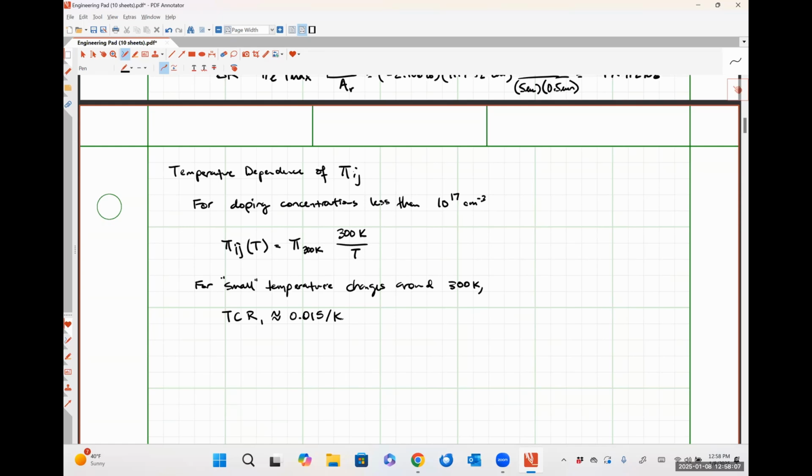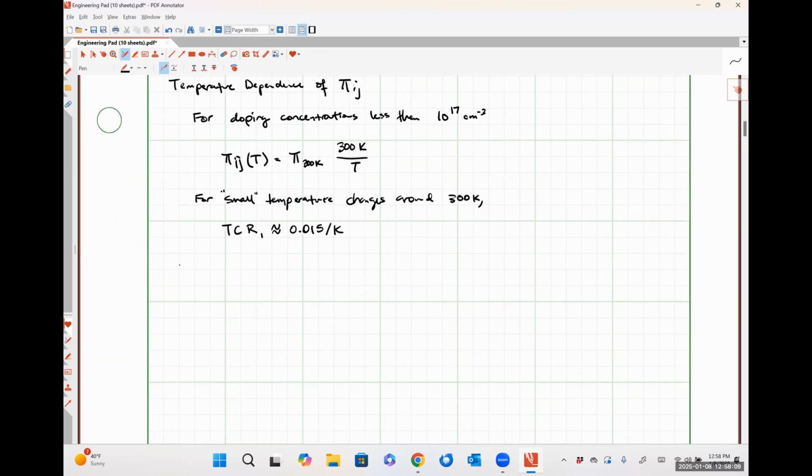Okay. So I want us to repeat our prior example. For a temperature of 305K. So effectively just a 5 Kelvin increase.